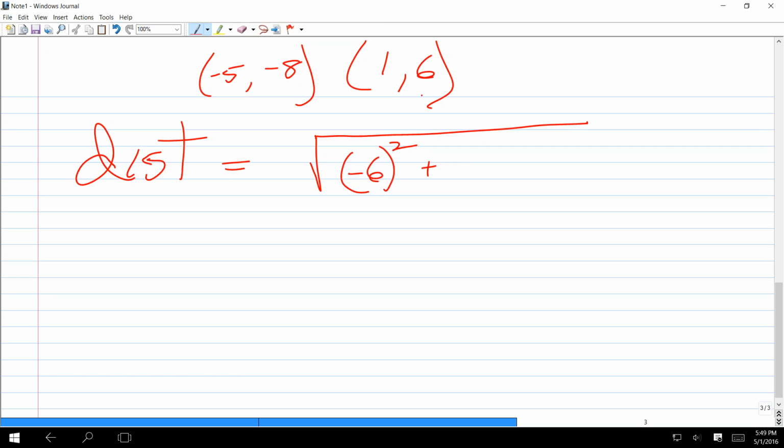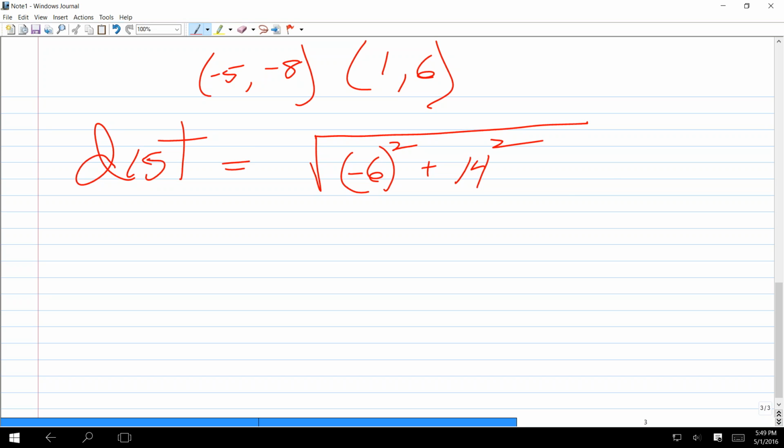And the way to get that is take that number and subtract that number. In other words, the second number minus the first number, or the first number minus the second number. If you do the first number minus that one, you'll get -14. If you do this one minus this one, you'll get +14. It doesn't matter as long as we get 14 squared.